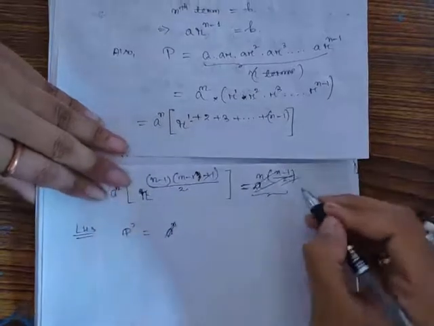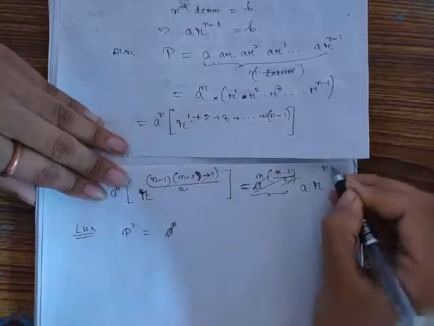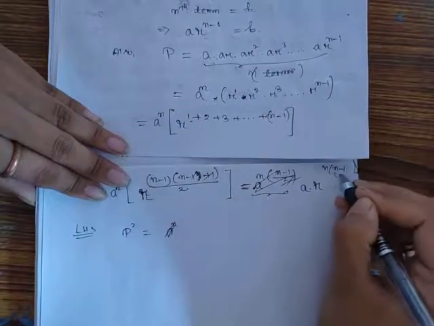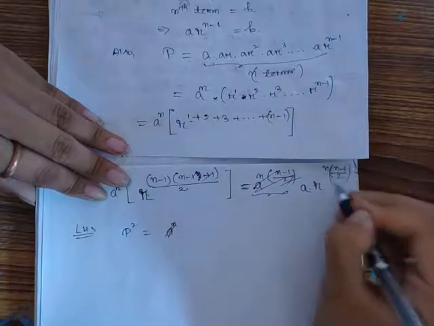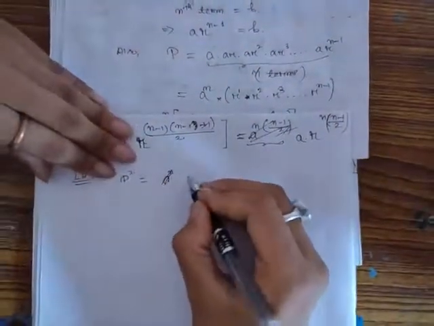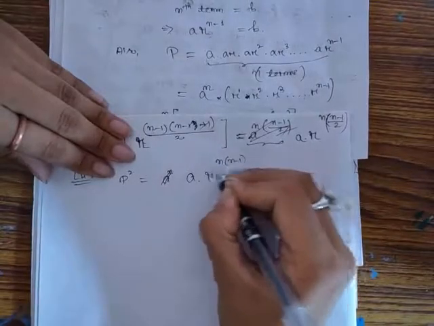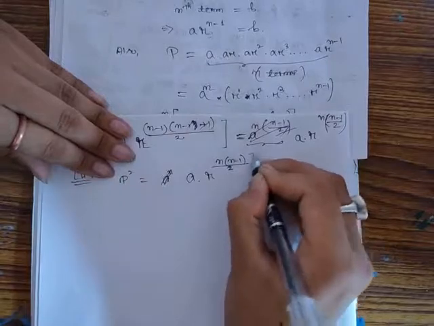Our P is a into r to the power n into n minus 1 by 2, a into r to the power n minus 1 by 2. So what is our P? a into r^n into n minus 1 by 2, whole square.